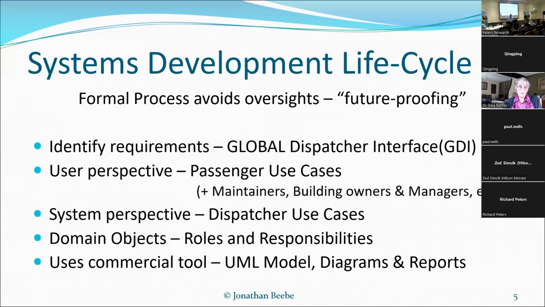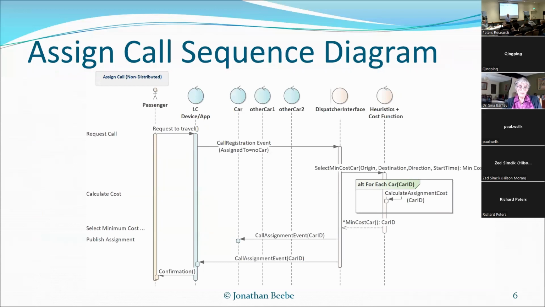So let's look quickly at one system use case, which is perhaps the most significant for a dispatcher interface, it's the assign call. And what you see along the top are the collaborating objects, and below there's a sequence of directed arrows which show how these objects interact with one another by sending messages to each other.